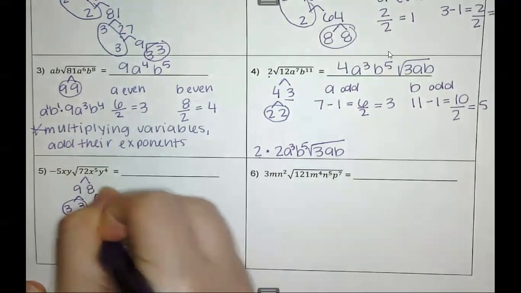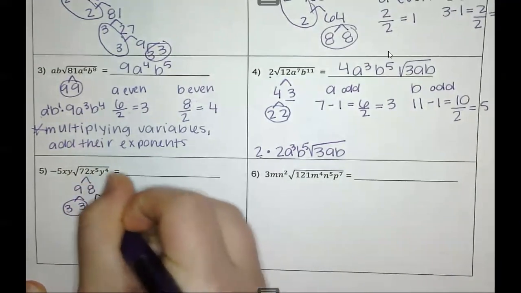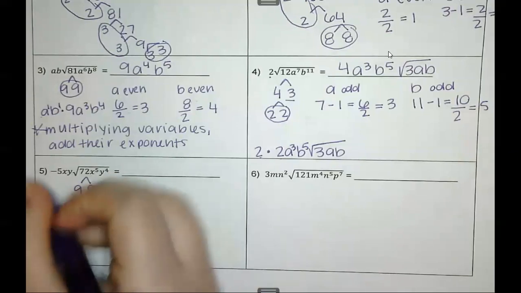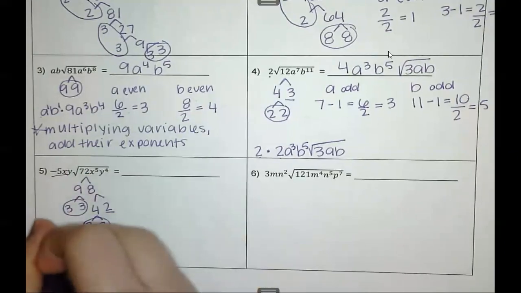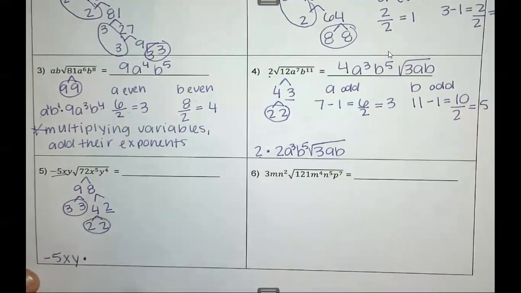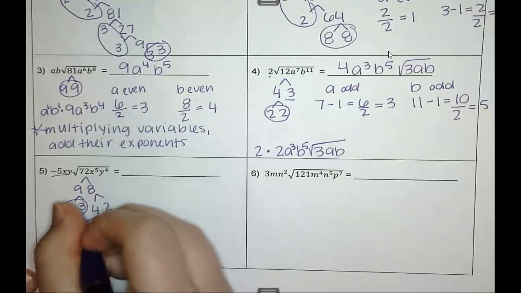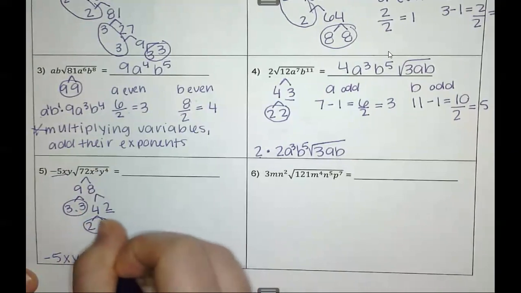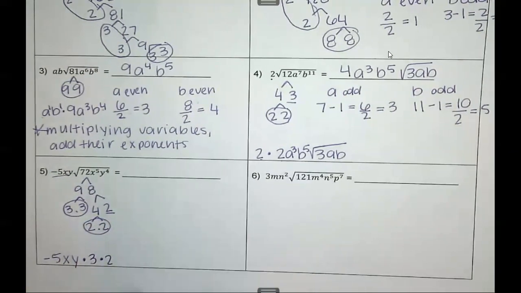And we can break 4 down into 2 and 2. And we have 1 left over. We need to also keep in mind we already had negative 5xy on the outside. So I have now decided that I'm going to pull out a 3 and a 2. So remember, that means I have to multiply those together as well.